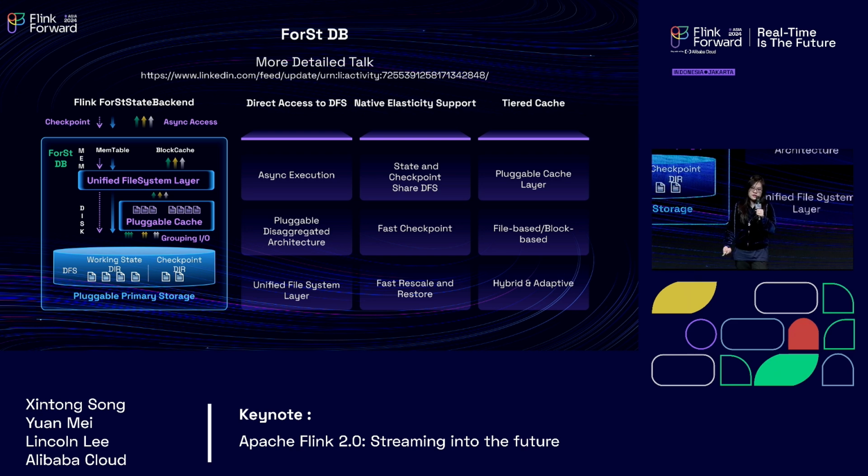If you just simply replace the local disk with DFS, what we will get is a 10x performance drop, and Flink is not usable anymore. This is the reason why for so many years there have been so many attempts to make disaggregated storage, but none succeeded.